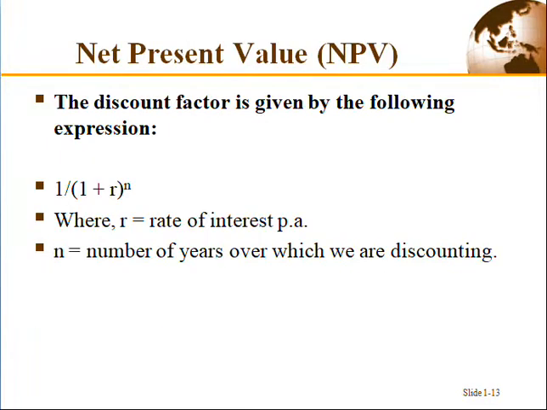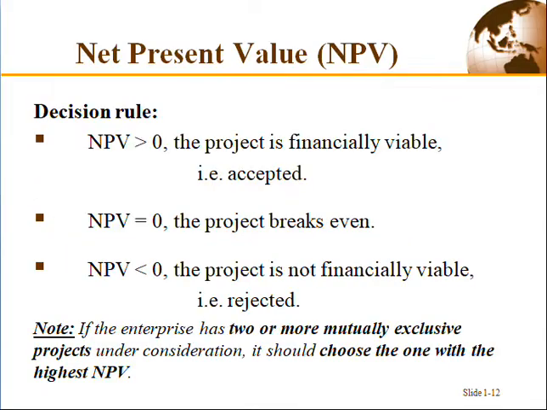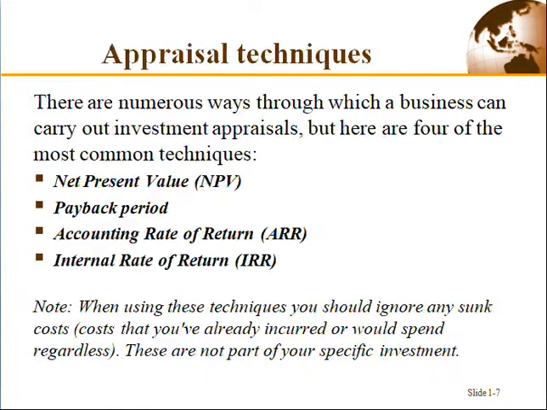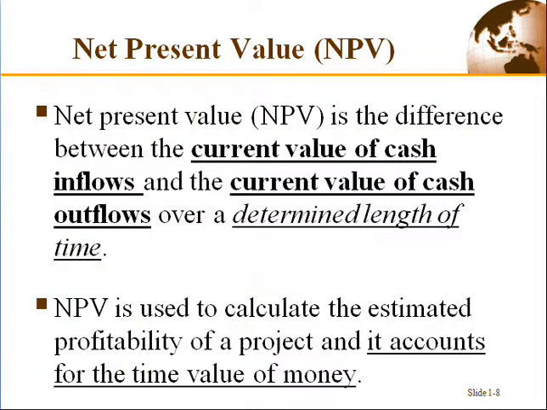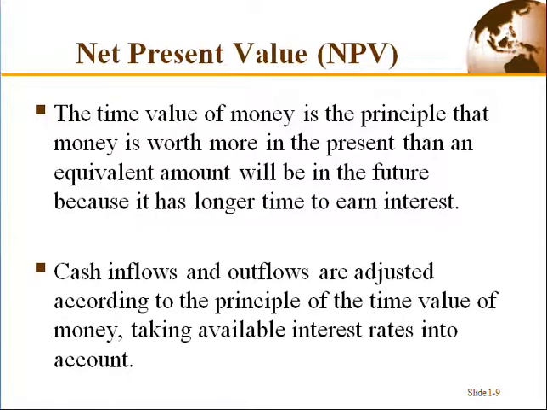So the other one, net present value, basically tries to find out the difference between the current value of your cash inflow and the current value of your cash outflow. So you compare that. Basically, you use it to ascertain if a business is profitable or not.